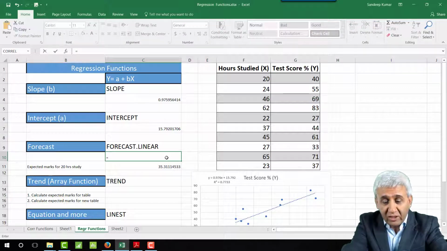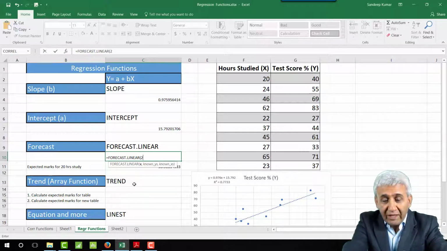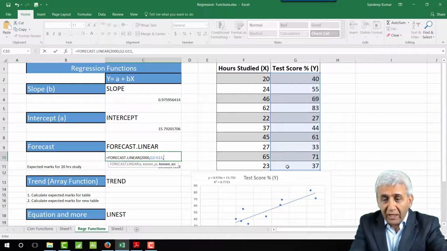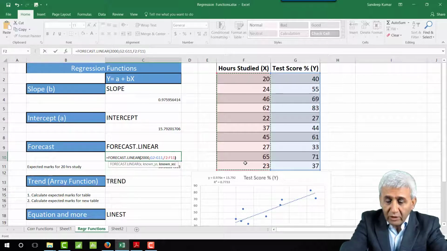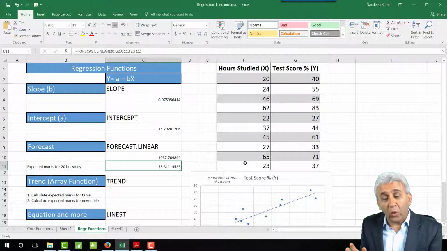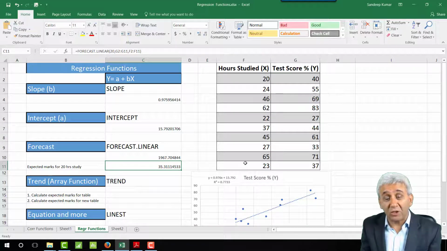So let's put FORECAST.LINEAR, and my x value is 2000, my known y's are this, comma, and my known x's are this, bracket close and enter. This student will obtain 1967% marks. Not more than 100%, but 20 times more than 100% marks.